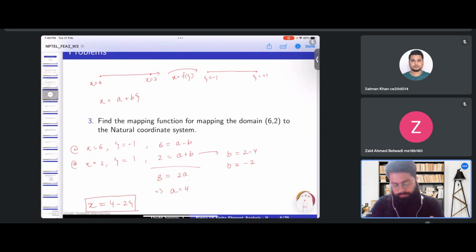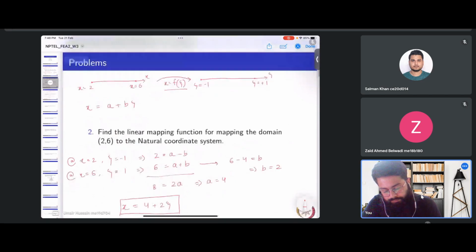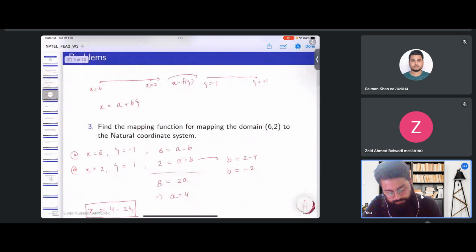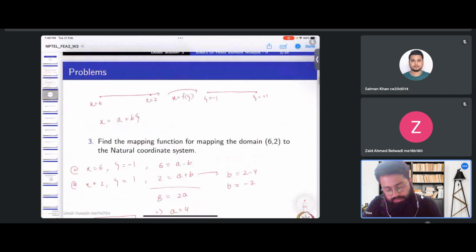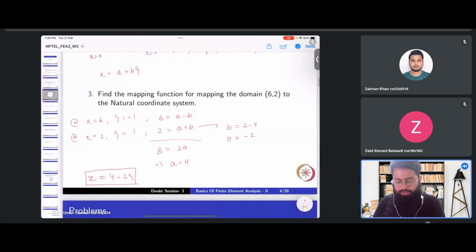Okay, I think I'll tell. So what happened was that in the first problem we took the domain 2 to 6, and in the next problem we reversed it to 6 to 2. So you'll see there's a slight difference in the mapping function. Here the mapping function is x equals 4 plus 2 zeta. Here it becomes 4 minus 2 zeta.